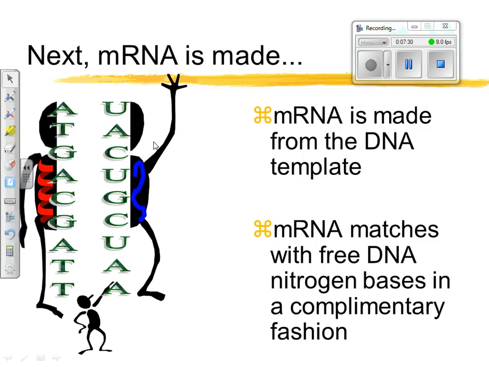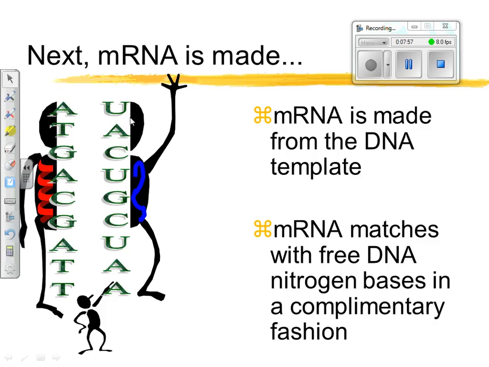And then what happens now is messenger RNA comes in here and it base pairs with complementary bases to one side of the DNA molecule. So here, adenine, remember on DNA, it base pairs with thymine, but remember also that RNA does not have thymine. It substitutes uracil.